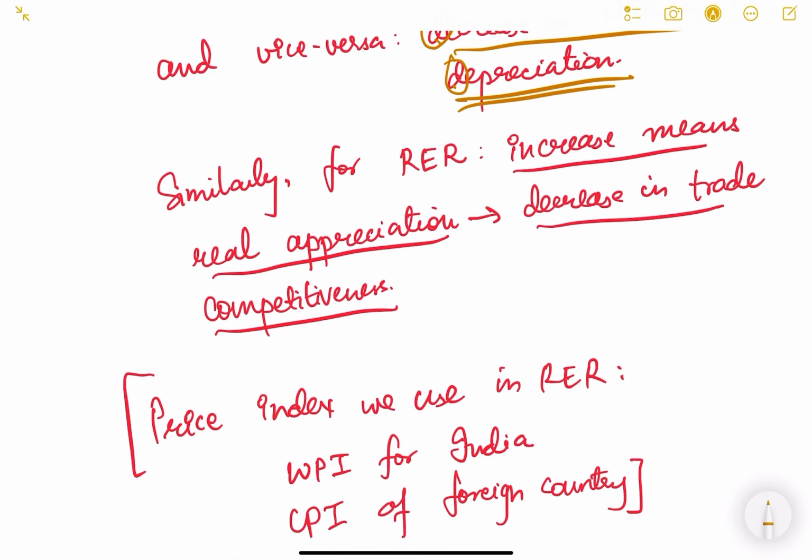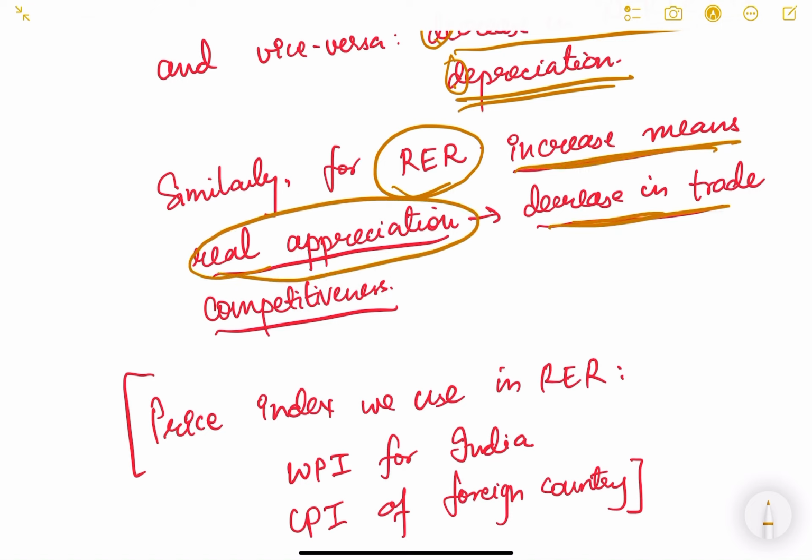Same definition will apply to real exchange rate also. So in real exchange rate also, an increase means real appreciation, decrease means real depreciation. And if our real exchange rate is getting appreciated, it means our trade competitiveness is decreasing. Why? Because see, real appreciation means what?